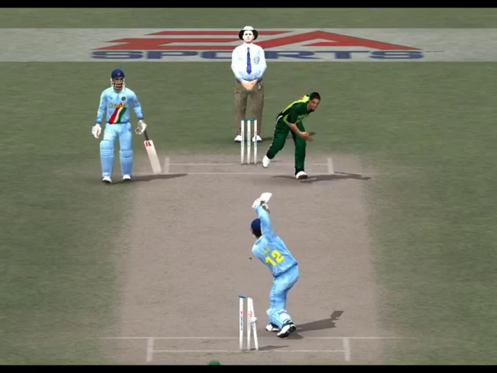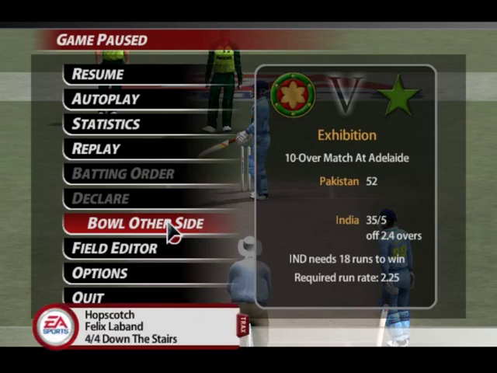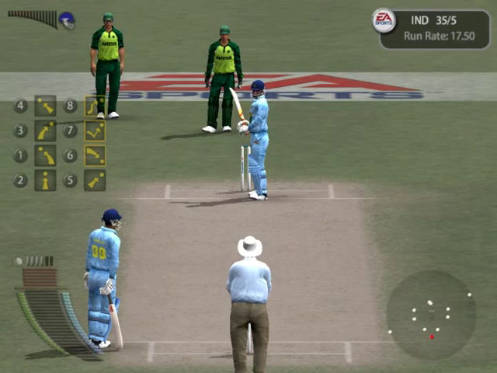This was how the wicket fell. The next batsman, Dhoni. Shoaib Akhtar is switching to round the wicket.